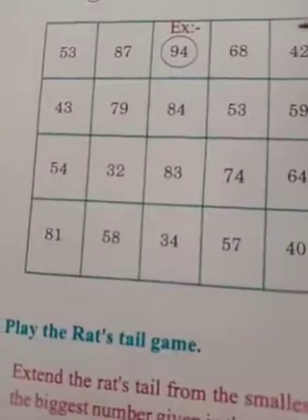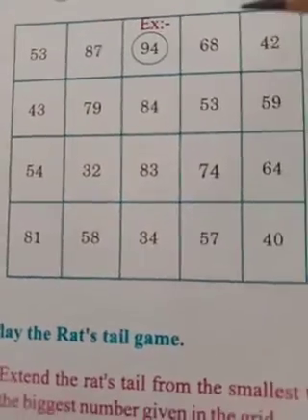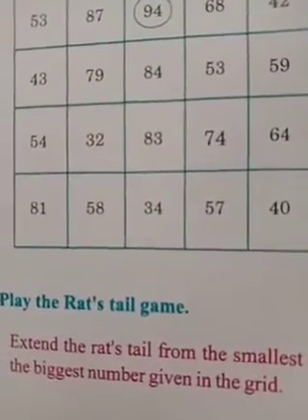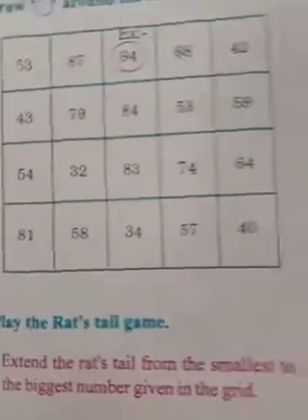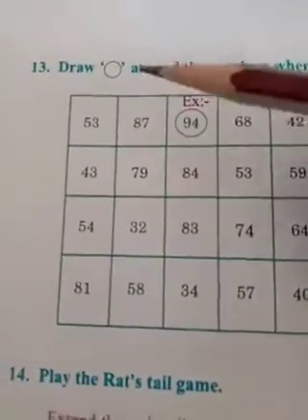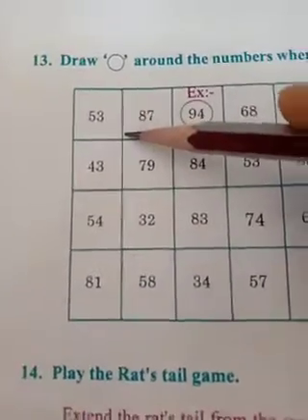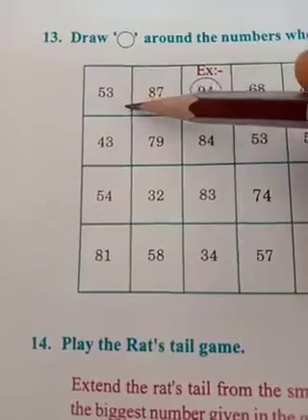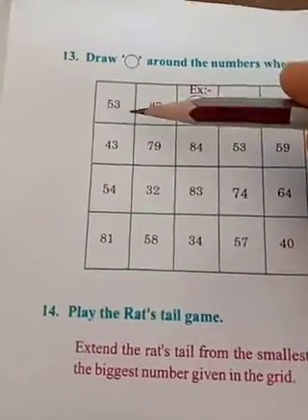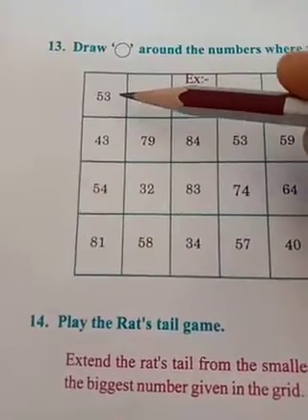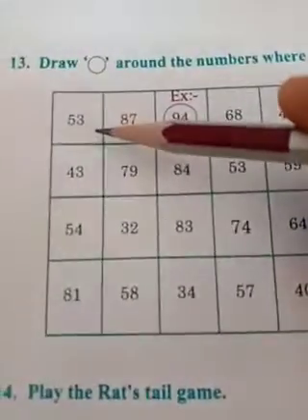Okay, so here one example is given. Check it here. 3 and 5: 3 in ones place, 5 in tens place. So the number is 53. Does it have 4?